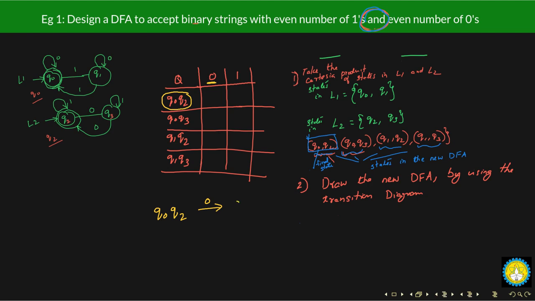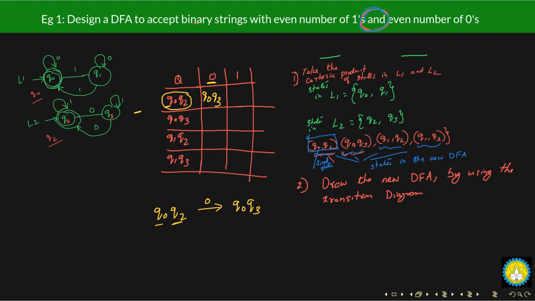And what about Q2 on getting a 0? If you look at the second transition diagram, Q2's transition on 0 is going to Q3. So the transition of the state Q0, Q2 on 0 is going to be Q0, Q3.